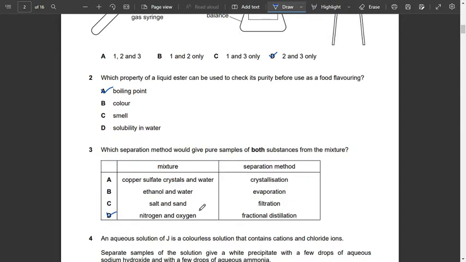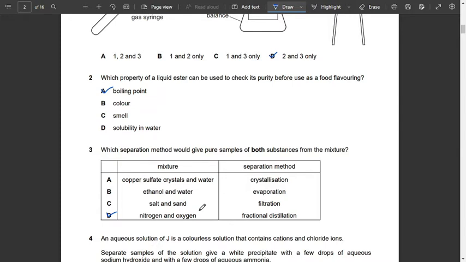For instance, if we consider salt and sand for filtration, this is not a very convenient option. Even if we use filtration, we can add water to it and then filter it. So yes, this can be a workable thing.